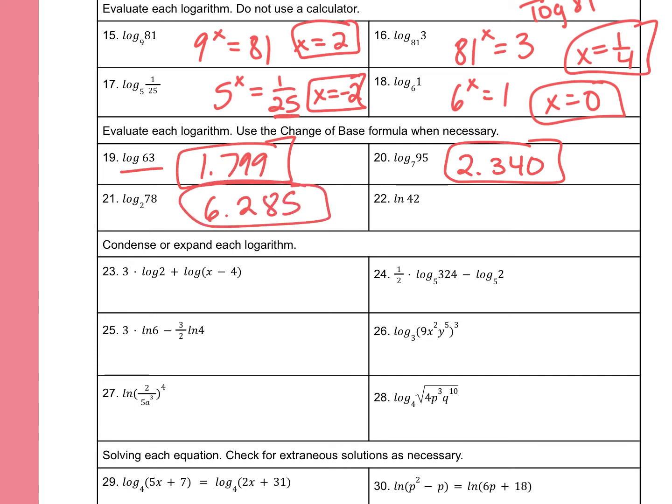And natural log of 42, do not type log. This is a natural log one. You have a different button for that. Natural log 42, enter. 3.73. Okay, we'll round that up. So, good deal. That is how we do those.